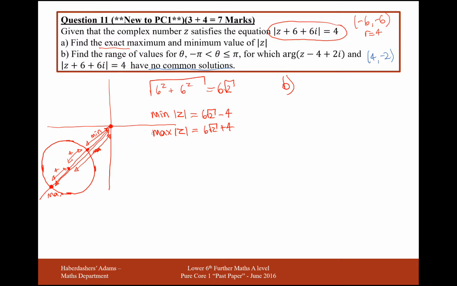So my coordinate 4, -2 is going to be out here. What I want is any angle round from minus pi round to pi, so a 360-degree circle, but that argument must not collide with my circle. So I want any angle that's not any angle inside here.